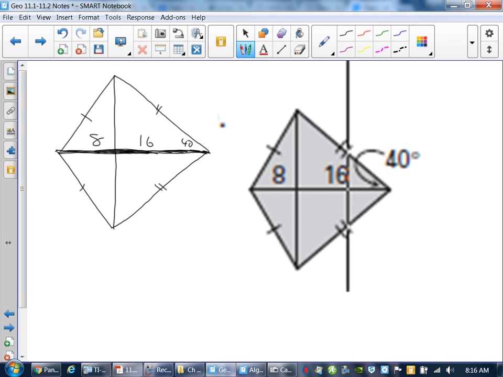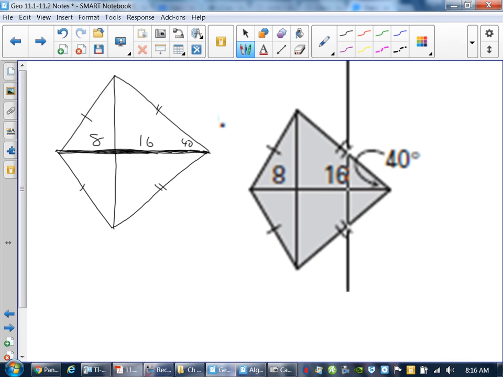What happens with the diagonals of a kite? What do you get when the two diagonals intersect each other? I meant where the two diagonals intersect. What's created where the two diagonals intersect in the kite?